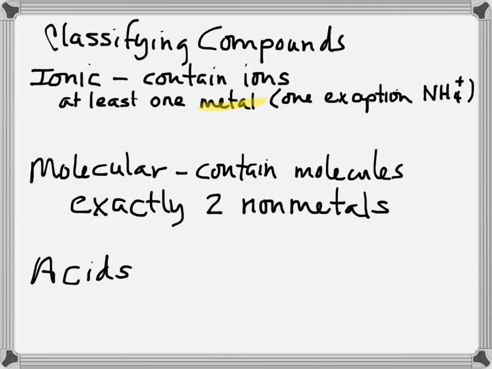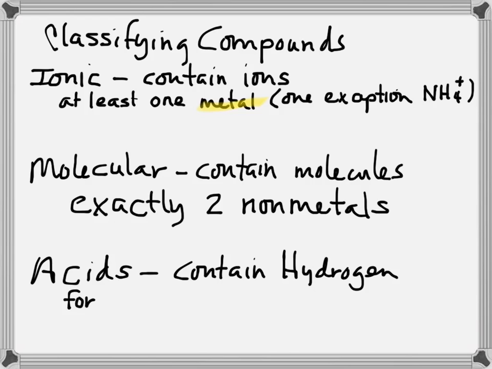For the acids, acids contain hydrogen. I was going to write the symbol and then I changed my mind and wrote the name. Acids contain hydrogen. So that's how we identify them from their formulas. The H will be first.